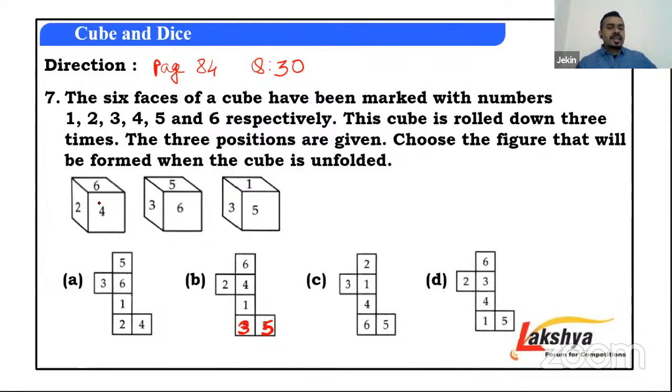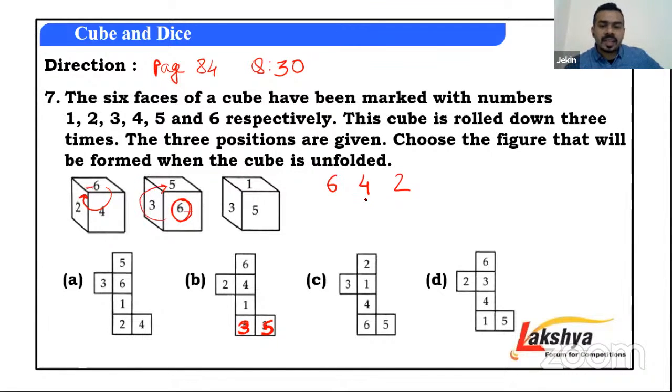Let's identify the common number between the first two faces. Got it. What's the common number? 6. One common number, 6. 2, 3, 5 are different, 4 is different. So 6 is your common number out here. So we start with 6. We move in the clockwise direction. So what are the numbers you get? 6, 4, 2. And here as well, we start with reference number 6.